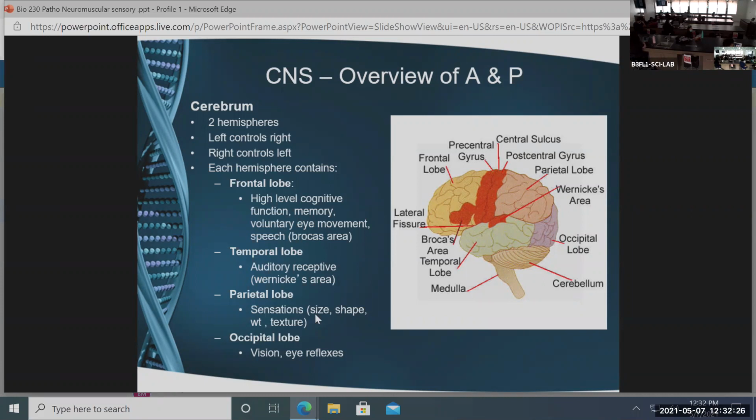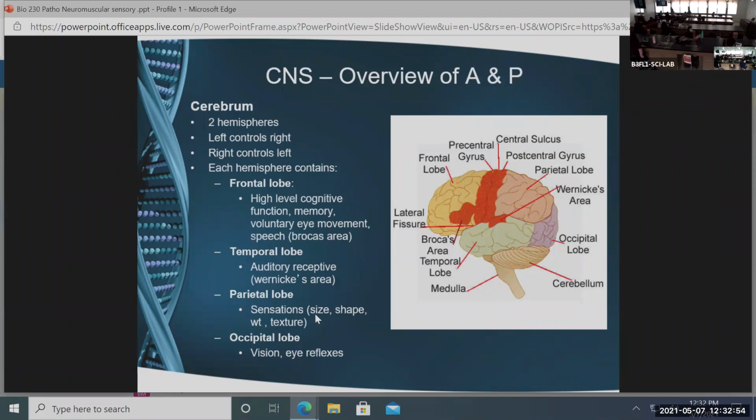I'm going back. Occipital lobe is for vision and eye reflexes. Parietal lobe, general body senses, general body sensations in terms of size, shape, weight, and texture.